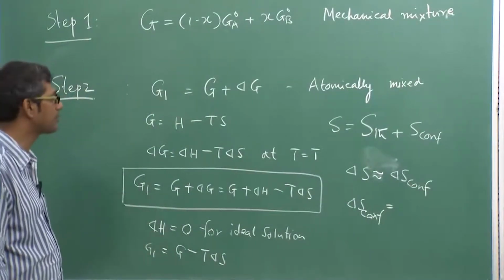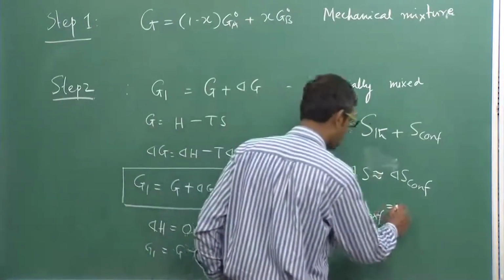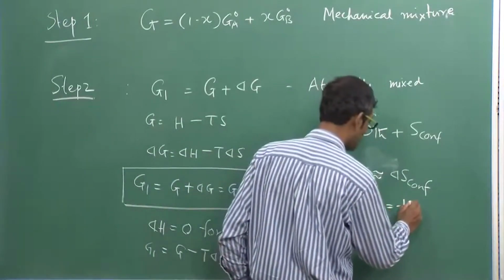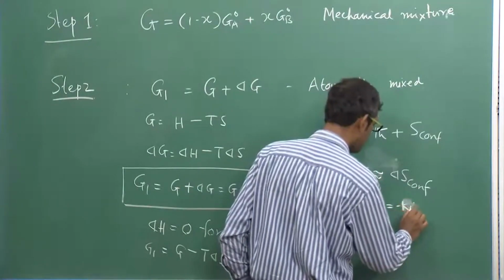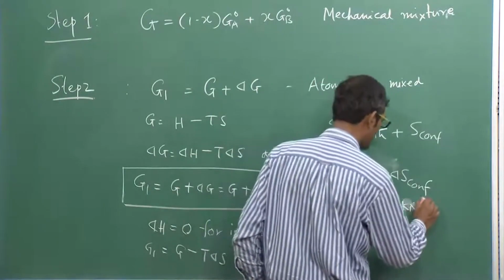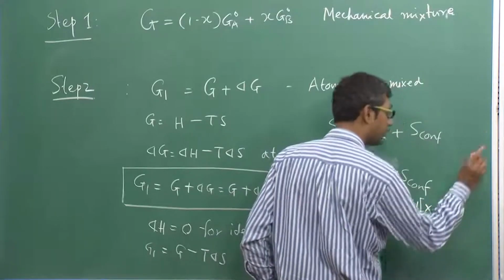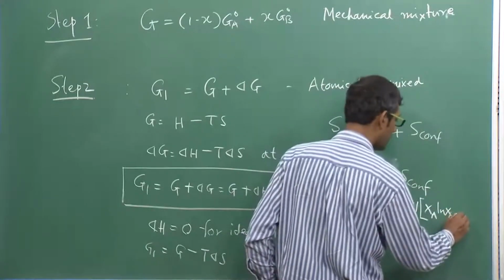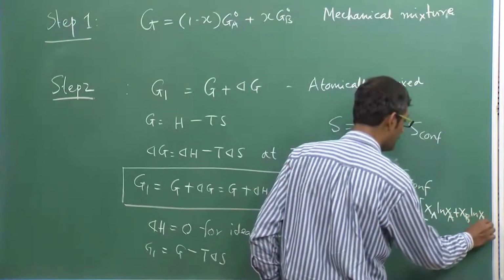Using Stirling's approximation one can calculate that, and for a binary alloy it is equal to minus k multiplied by N, where capital N is the number of atoms, into x_A log x_A plus x_B log x_B.